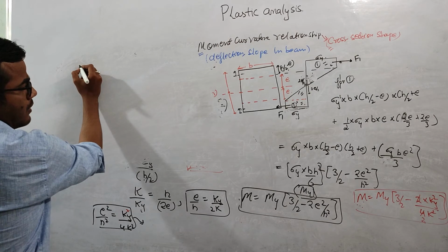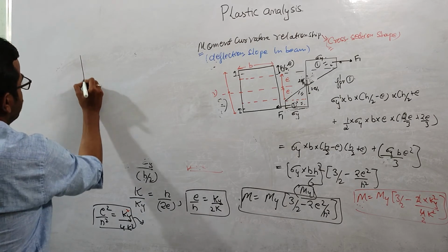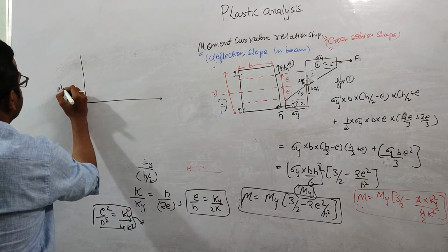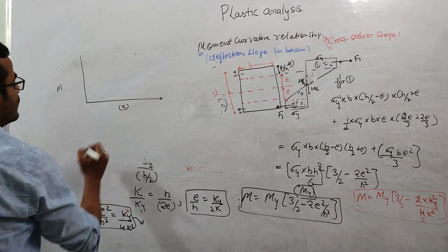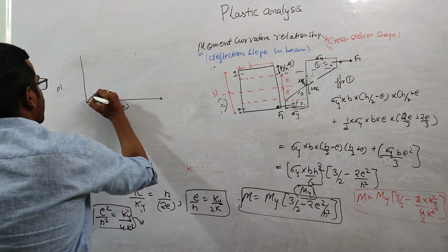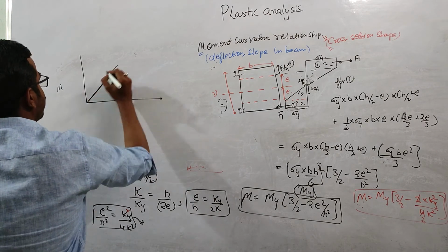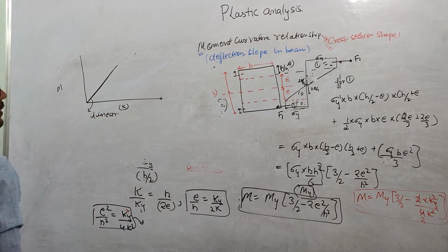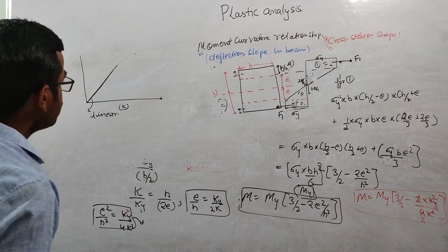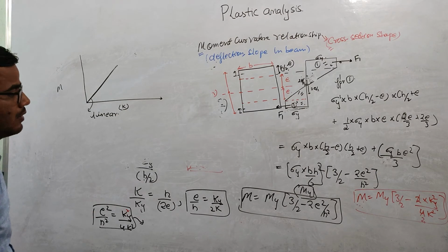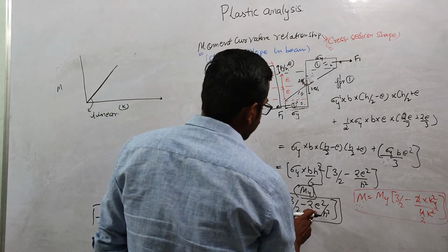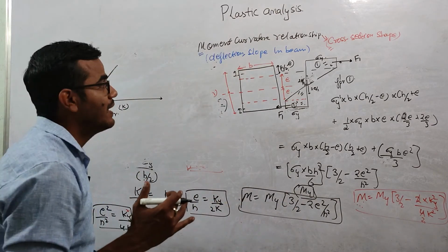Now, let us suppose this is the M diagram, this is the moment and this is the curvature. Okay, so up to the elastic part, the relationship is linear. Now, when E is 0, we will be having the plastic moment.